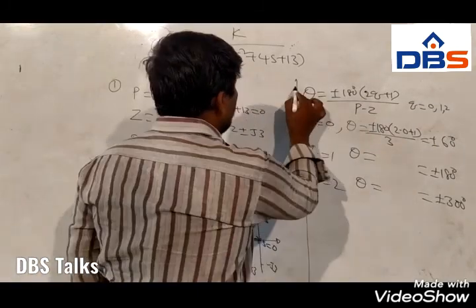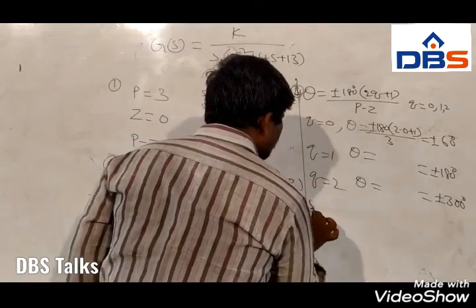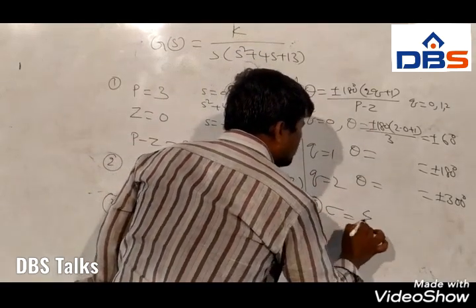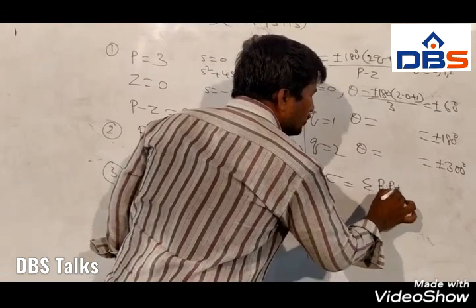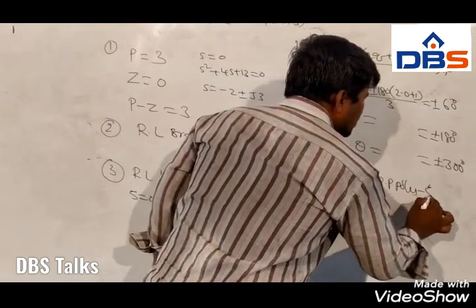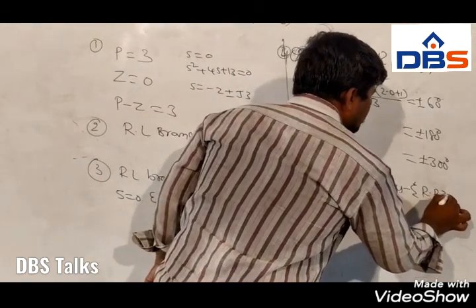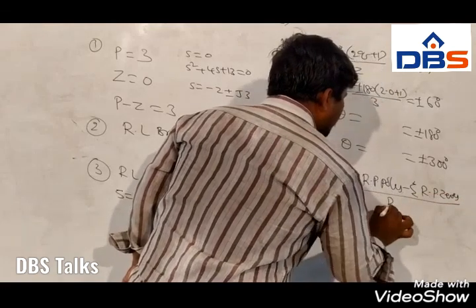And the last, the fifth one, the centroid. Centroid is equal to sigma of real parts of poles minus sigma of real parts of zeros divided by p minus z.